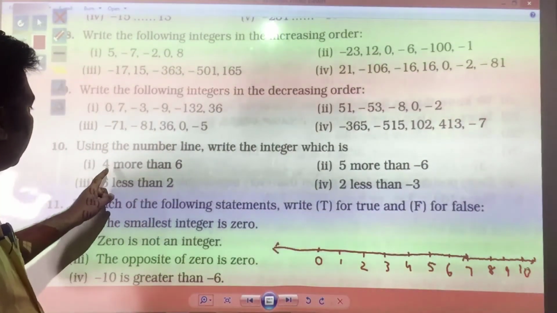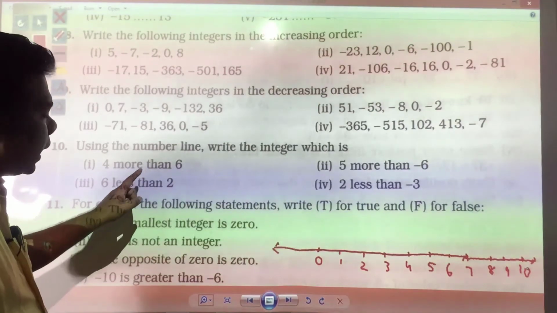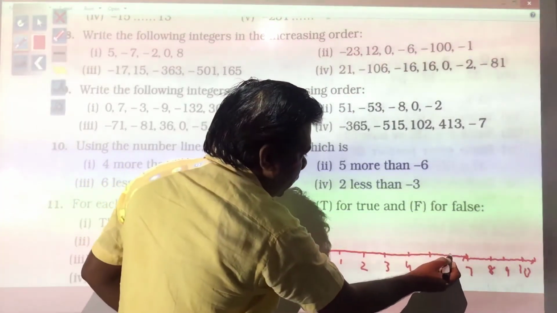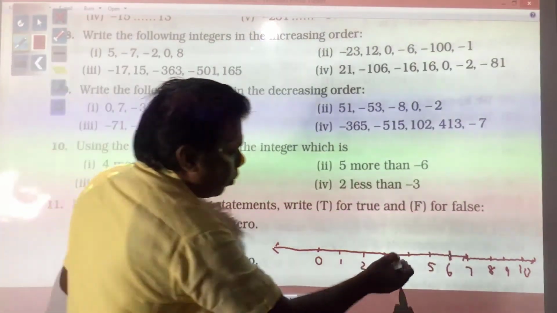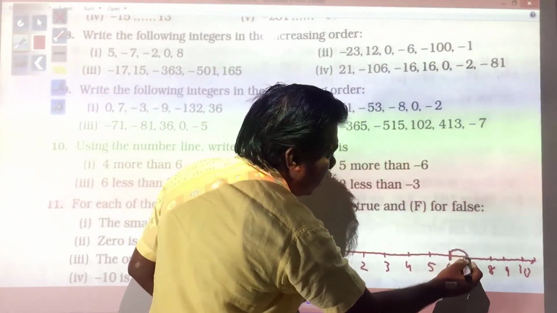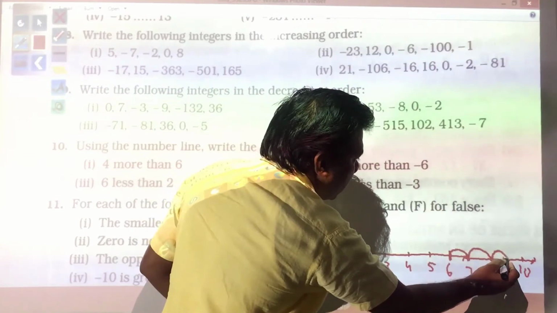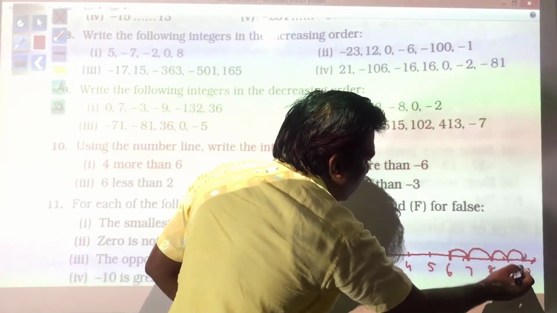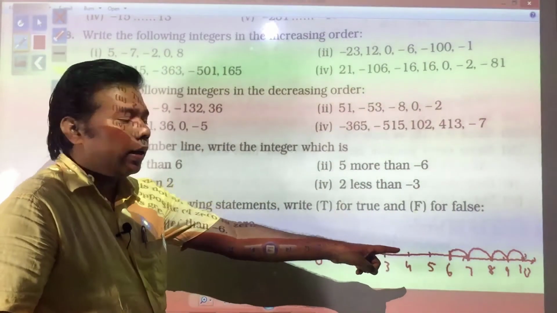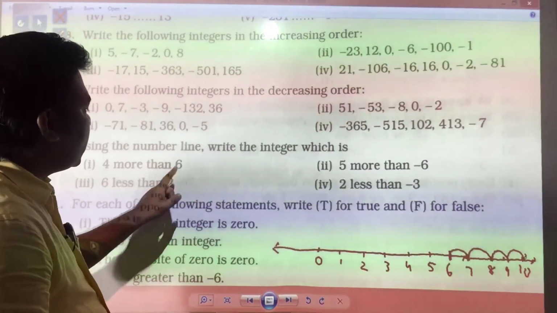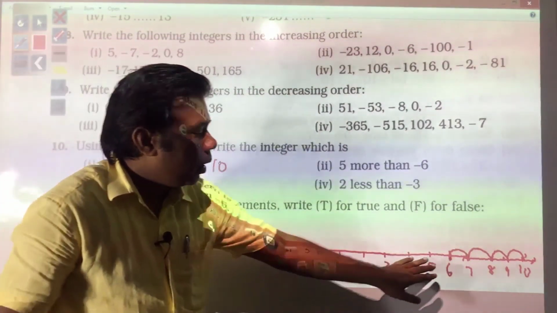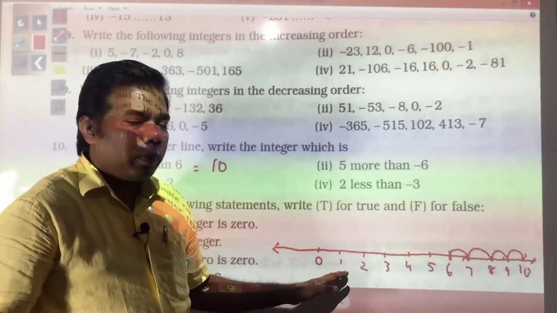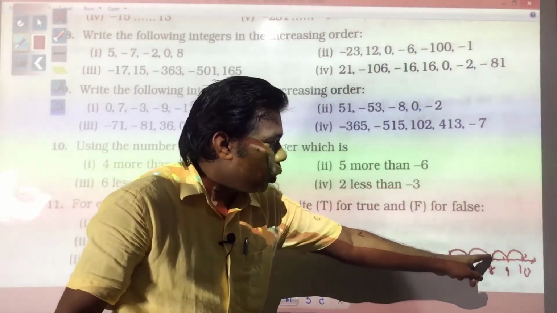Now, here you see 4 more than 6. First you go to 6. 4 more than this means 1, 2, 3 and 4. So, your answer will be 10. So, 4 more than 6 will be 10, but in this way the number line is required to be drawn and this is required to be shown.